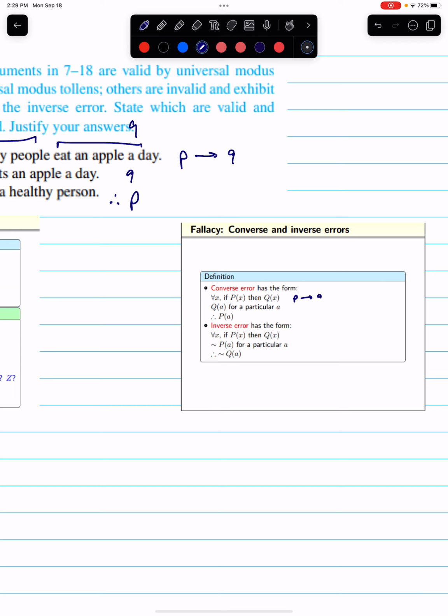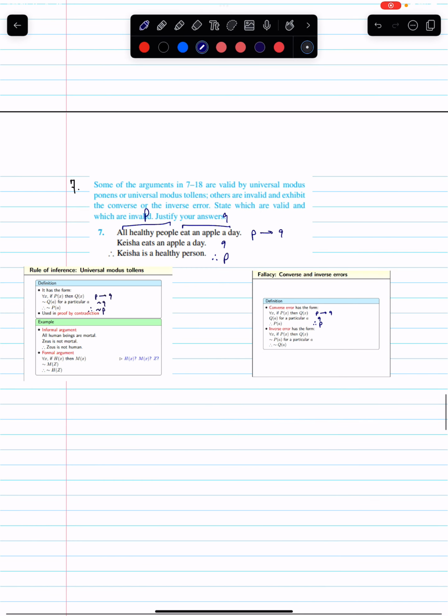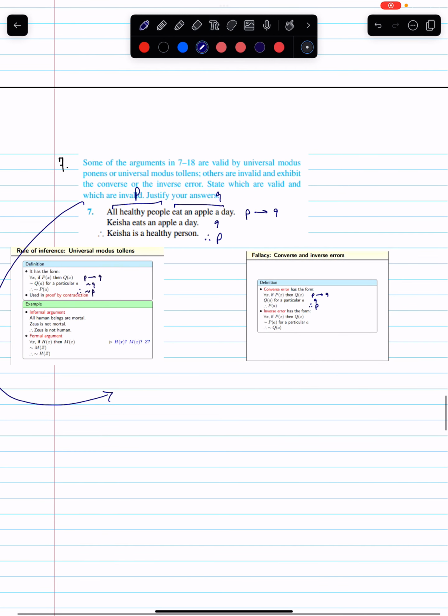They give us P then Q, they tell us Q, but then they conclude with P. That's not correct. You don't have to eat an apple a day, and just because you eat an apple a day doesn't mean you're healthy. Yeah, it just doesn't make sense. So we'll just say this is invalid by converse error.